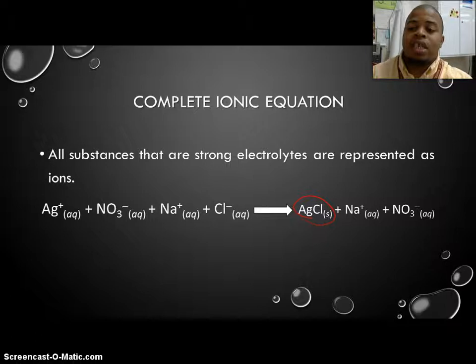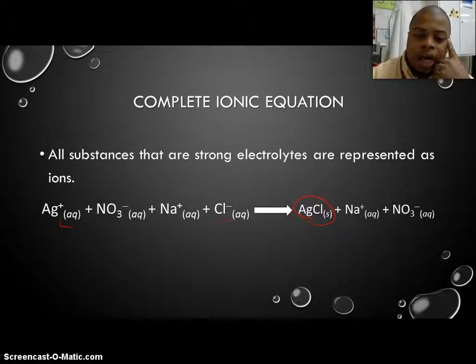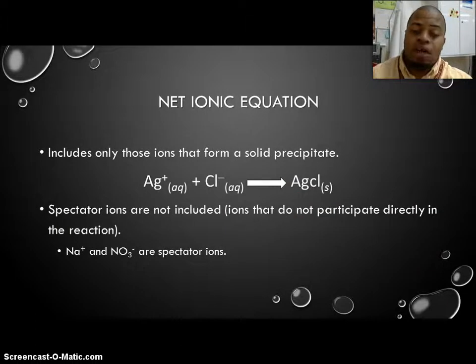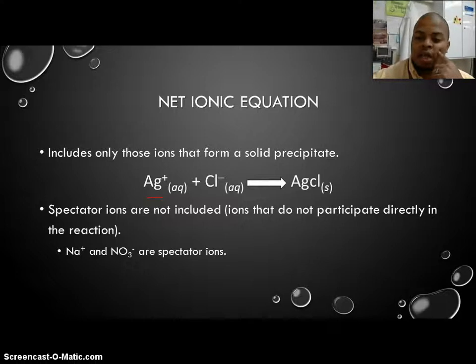If I go back in the slide, you notice that the only things that come together to form silver chloride are my silver ion and the chloride ion. Since those are the two I need to make my product, that's all I'm going to write. I'm going to have Ag+ plus Cl- yield AgCl.